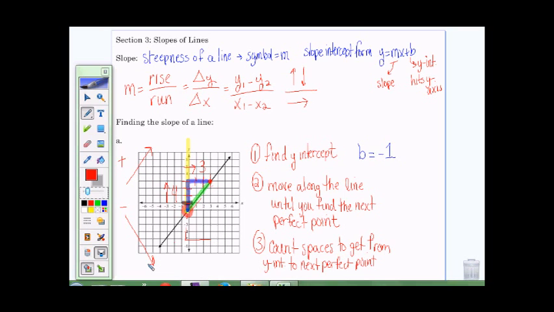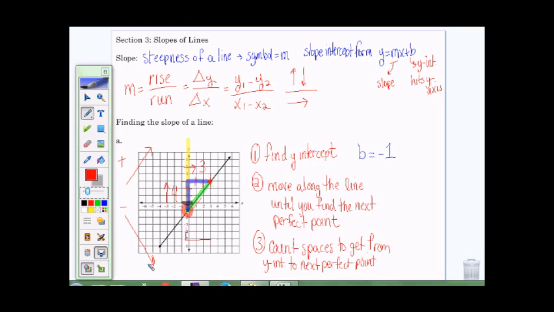Positive, we're going up; negative, we're going down. And then the number tells you, are we going up a lot, or just a little bit? Or going down a whole lot, or just a little bit? Does that make sense?